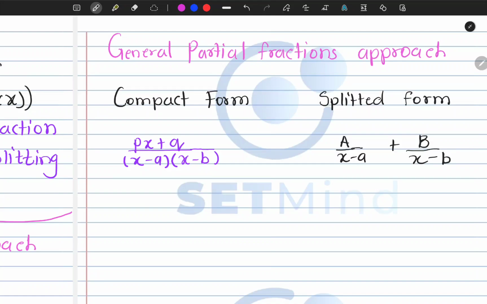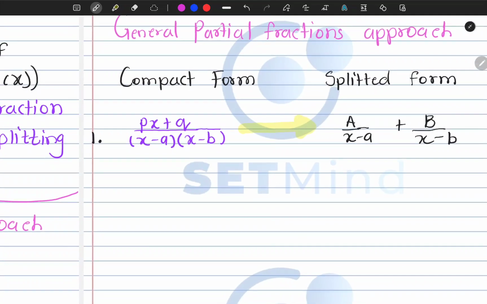So whenever we have something looking like the compact form, when we split it, it will look like what we have on the right hand side. So this will be number 1.